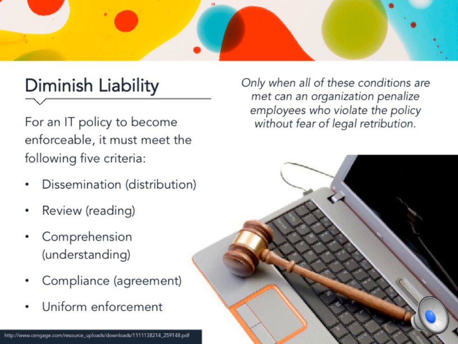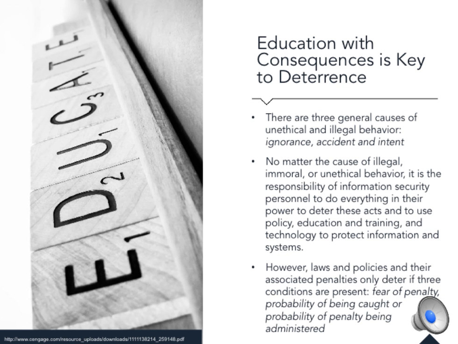To ensure a policy is enforceable, it must be crafted and implemented with care to cover off on dissemination, meaning it must be widely distributed to the entire organization, not just a few people. Reviewed, meaning it must be confirmed that everyone in the organization has read the document. Comprehension, meaning a check should be done to confirm that there is general understanding of the terms of the policy.